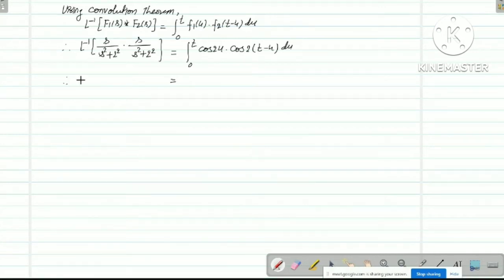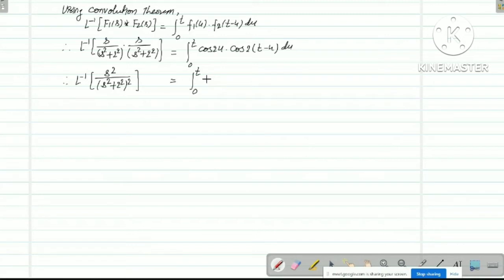So therefore we write L inverse of, multiplying together, s square upon s square plus 2 square, the whole square, and this is equal to the integration with limit 0 to t.